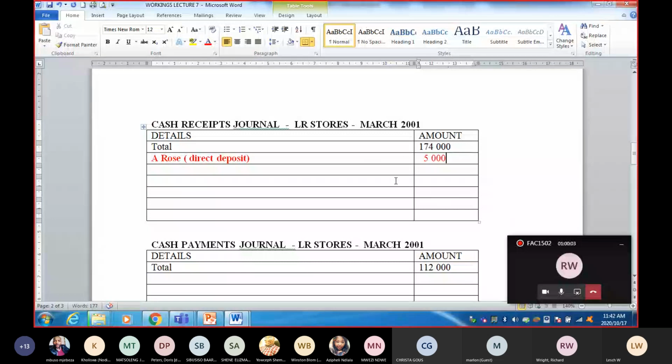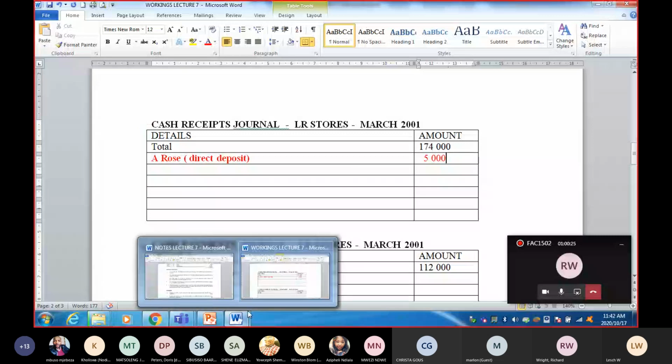Okay, we have updated the records of the business, because the 5,000 Rand was only deposited into the business's bank account at the financial institution. We, the business, had not recorded that money, and that is why we are now updating our records.